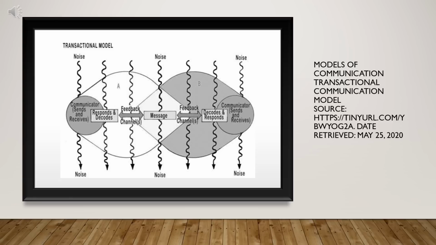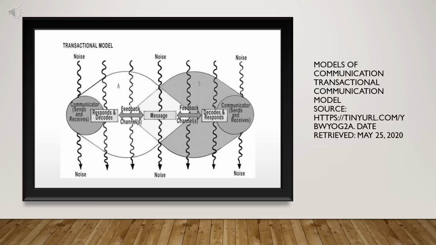Also, in the process of giving the feedback, there's a possibility that there's again a barrier that will be interrupting the forwarding of the message coming from the receiver to the speaker. But again, the speaker, who is now the receiver, will try his best to encode and decode the feedback given by the formerly receiver, who became the speaker.